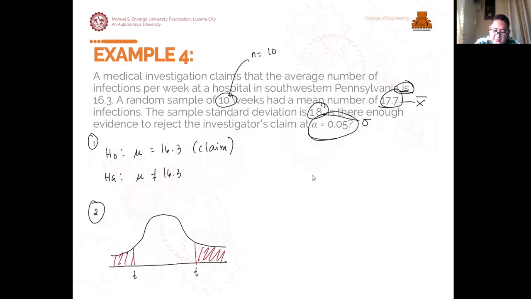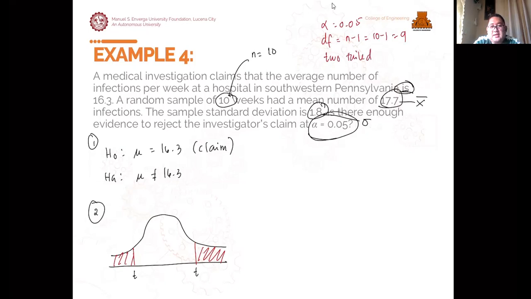From our table, our parameters are alpha is 0.05, and what is our degrees of freedom? n minus 1, so 10 minus 1 is equal to 9. And we are two-tailed.